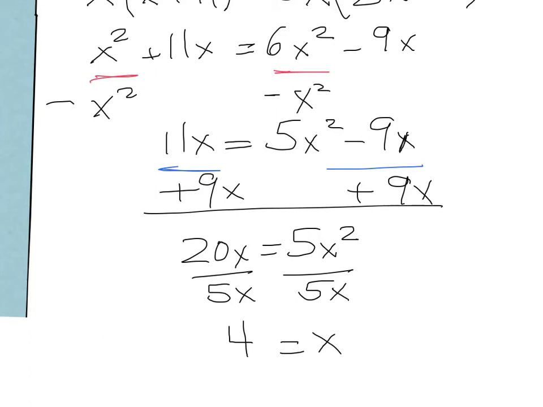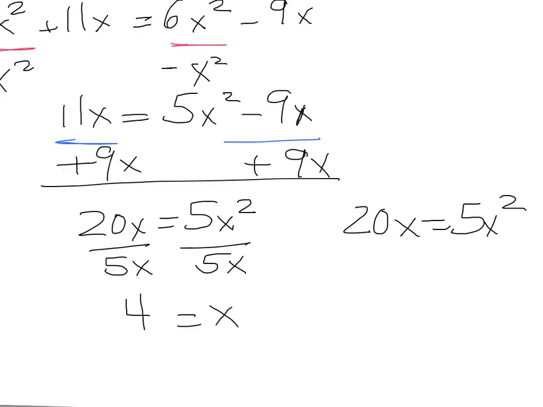Oh my gosh. Now you might be asking yourself a question right now. Why did I go ahead and divide here by 5x? I'm going to show you a different way to solve this problem from this point. Let's say instead of dividing by 5x, you just decided to divide by 5. That'd be fine.